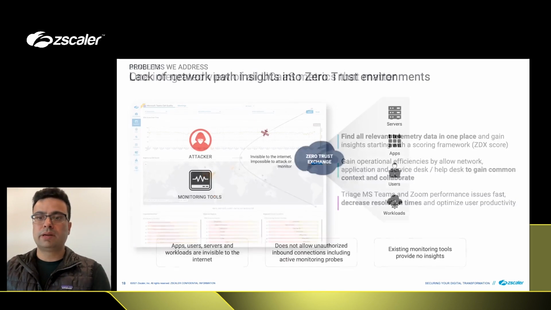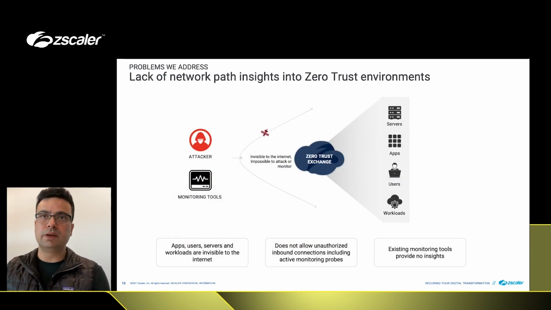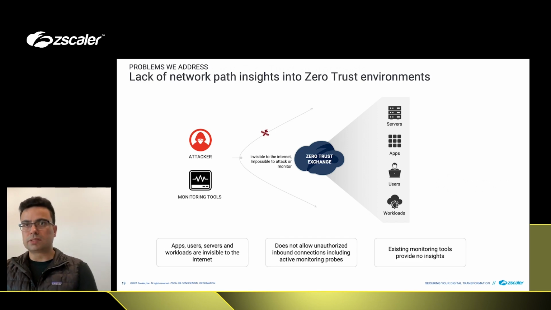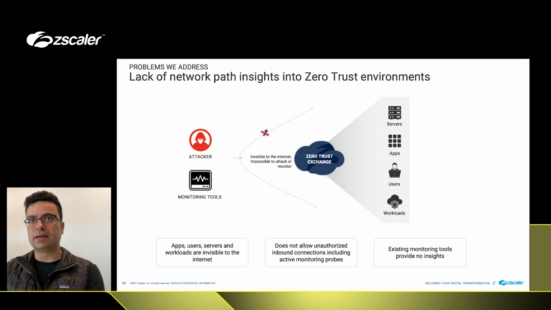Now, let's talk a bit about visibility into the Zero Trust environment. Let's take a step back and understand why this is important. One of the key intents of adopting a Zero Trust-based architecture is to make your application namespace, or your apps, go invisible or dark on the internet. As you think about that architecture, a lot of monitoring tools that rely on visibility or a data path to these applications become completely ineffective in a zero trust architecture.